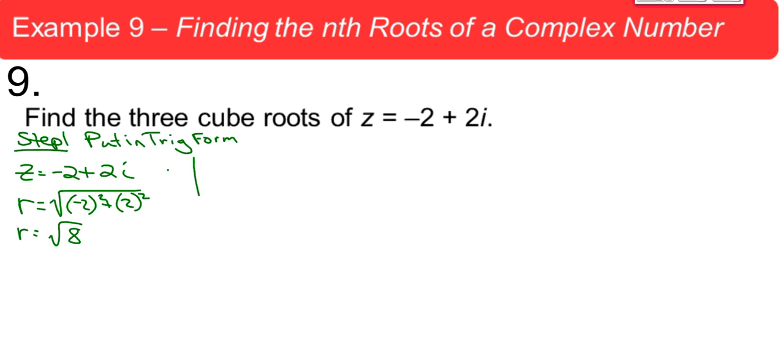And then my point is at -2, 2, so I'm up here somewhere on that complex plane. And what's my reference angle? 45. And so it's when the tangent of theta is 2 over 2, so the tangent of theta is 1.